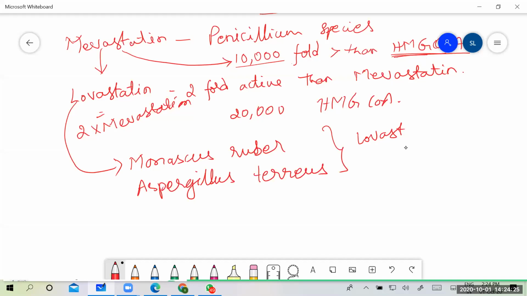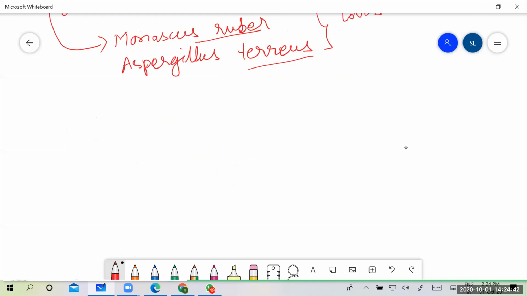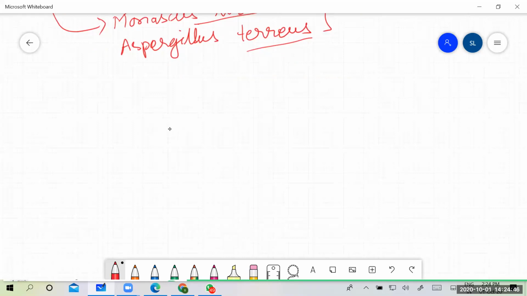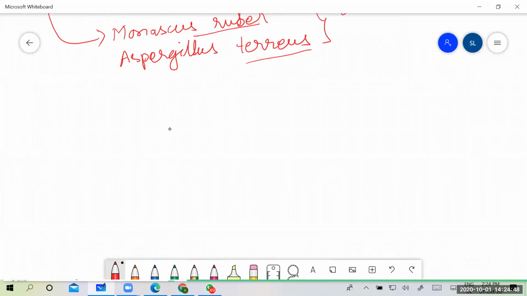So lovastatin is obtained from two sources, that is Monascus ruber and Aspergillus cereus. So these are the two natural sources for getting the lovastatin. Okay.